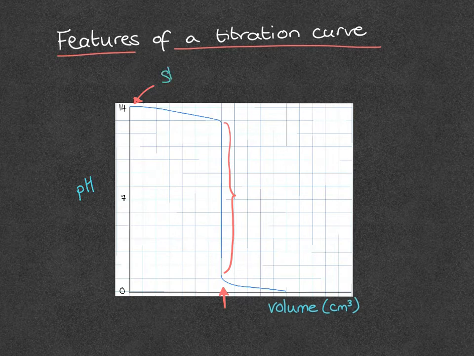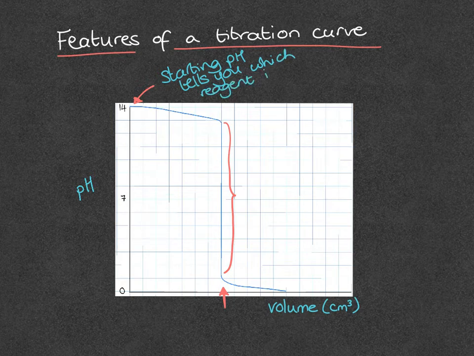So you've got the starting pH, which tells you which reagent's being added from the burette. So in this case, our starting pH is 14. So that means we must be starting with our alkali in the conical flask and our acid in the burette.